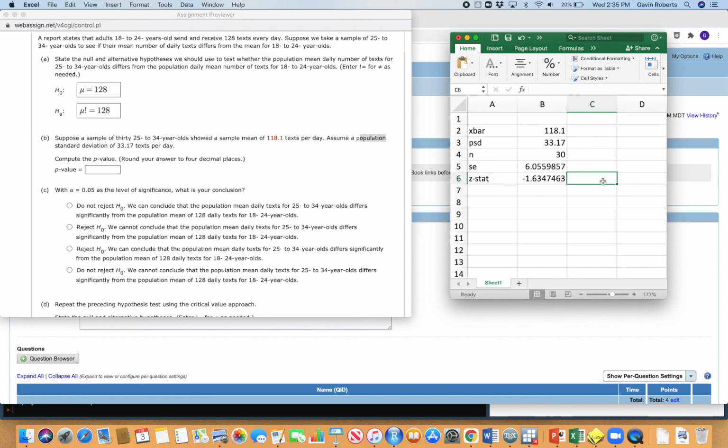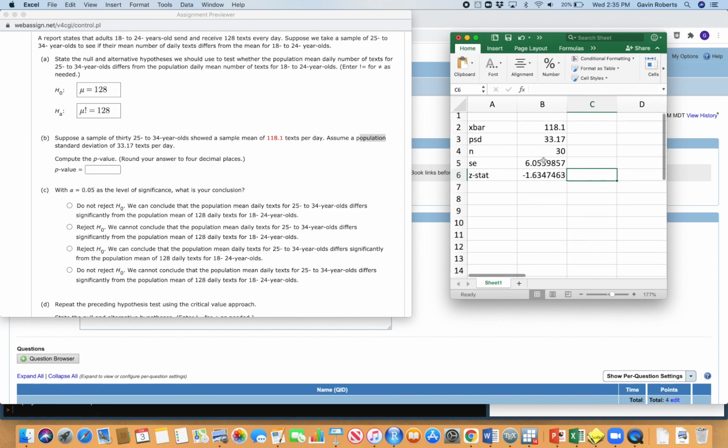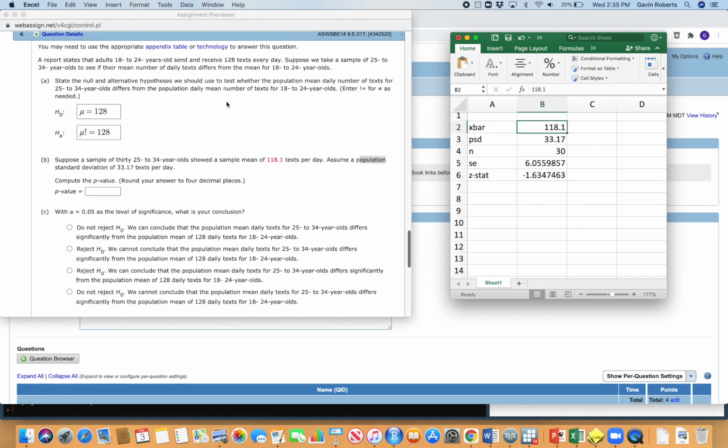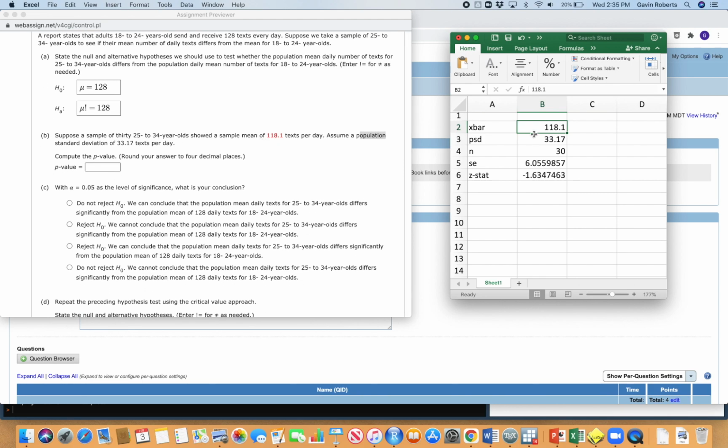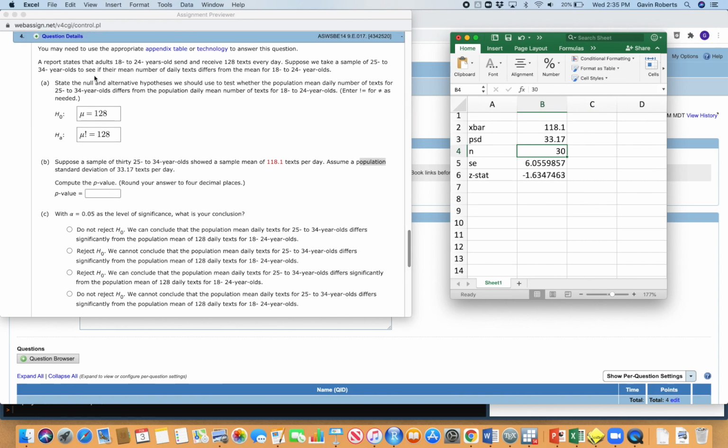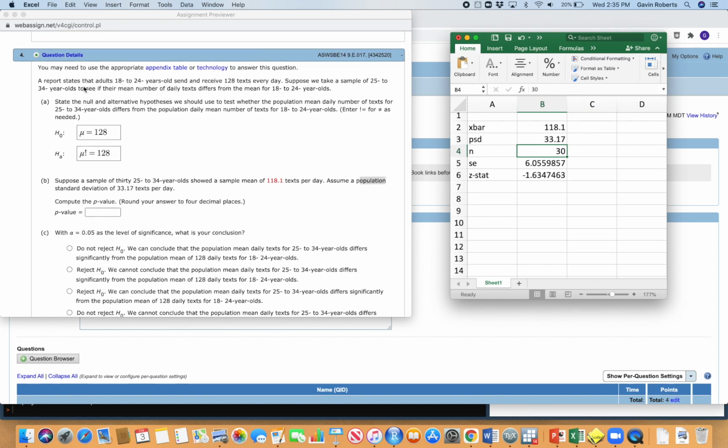So now we have to decide... I'm just checking that I typed everything in right: 118.1, 33.17, 30.